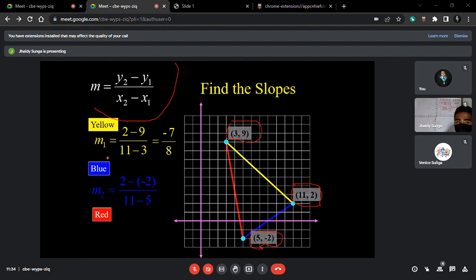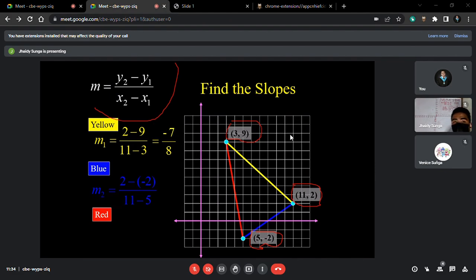What is our y sub 2? If you are going to read a slope, whatever point comes from the left up to the right, the first coordinate you read is from left to right.